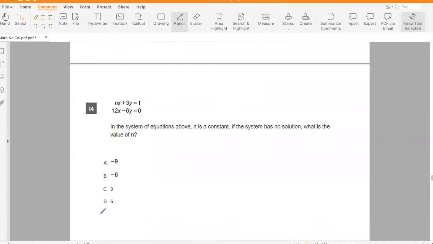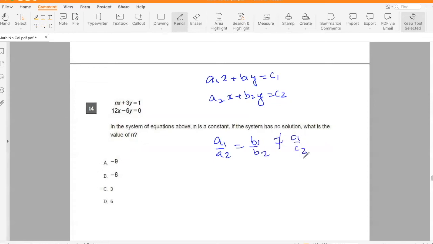In the system of equations above, n is a constant. If the system has no solution, what is the value of n? So when I have a system a1x plus b1y is c1 and a2x plus b2y is c2, then for no solution, a1 by a2 should be equal to b1 by b2, and that should not be equal to c1 by c2.